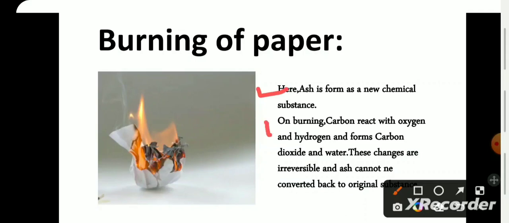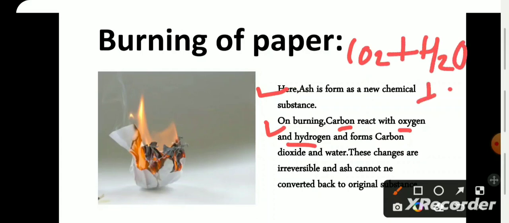On burning, the carbon reacts with oxygen and hydrogen and it forms carbon dioxide plus water plus ash. We cannot get back this paper from the ash. So, burning of the paper is a chemical change as we cannot get back the original paper from the ash.